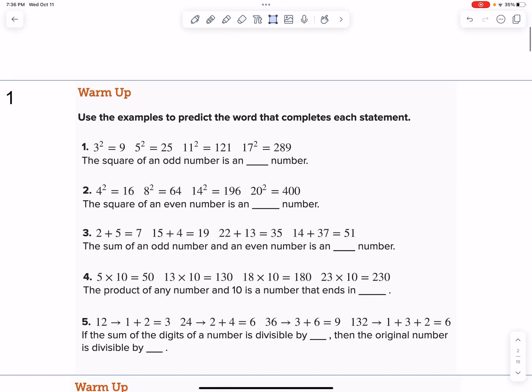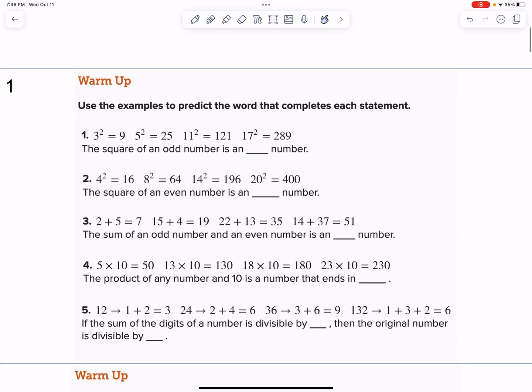First things first, it's a good thing to always pause these videos and try the warm-up problems. What they're asking you to do here is to analyze these patterns that are happening and then make a general statement based on what's going on.